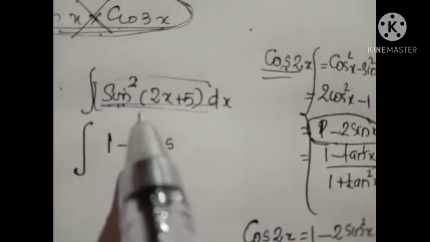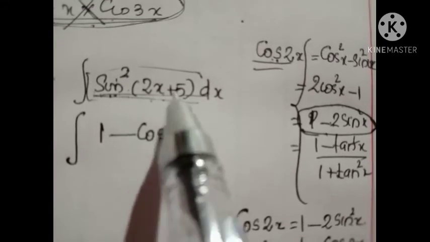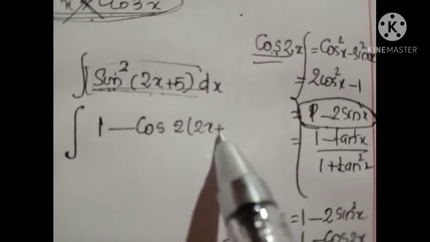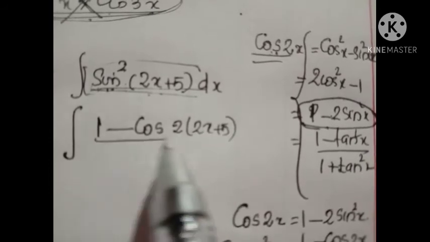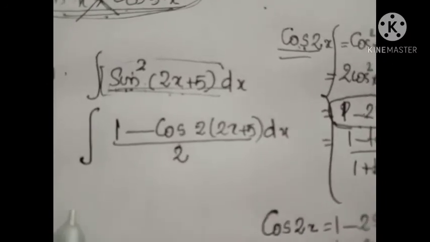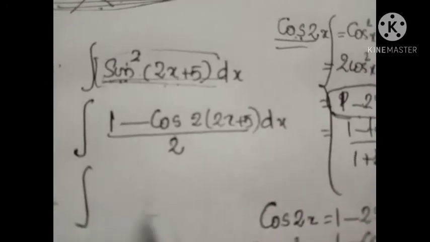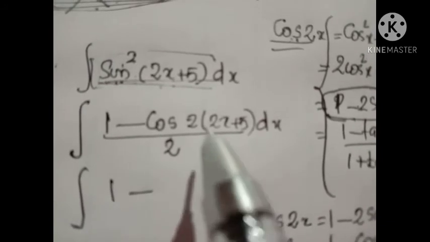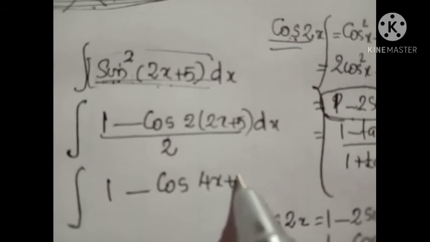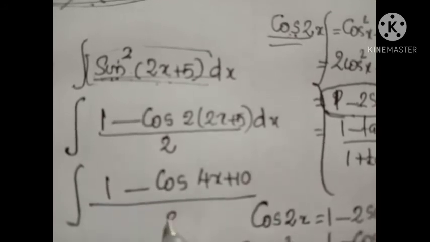So this is 2x plus 5, so cos of 2 into (2x plus 5), divided by 2, dx. Open the bracket: integral of (1 minus cos (4x plus 10)) divided by 2 dx.